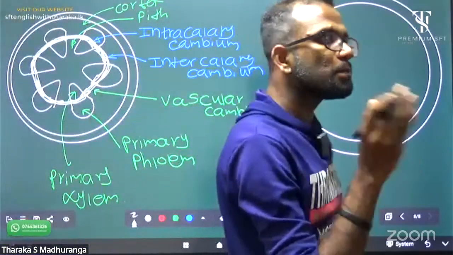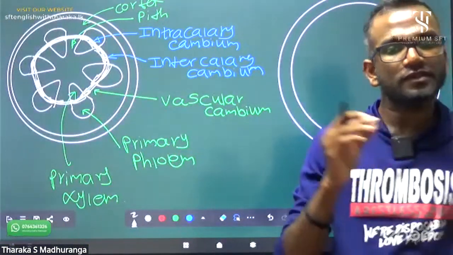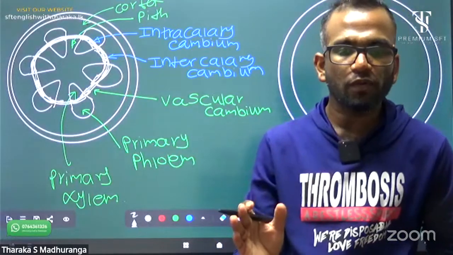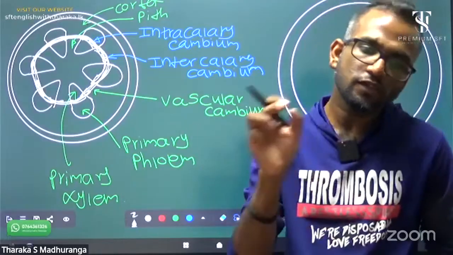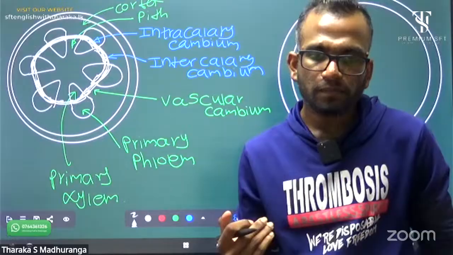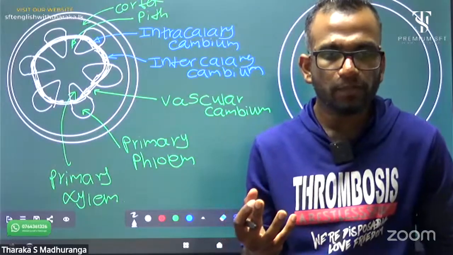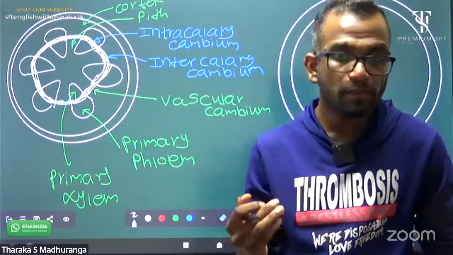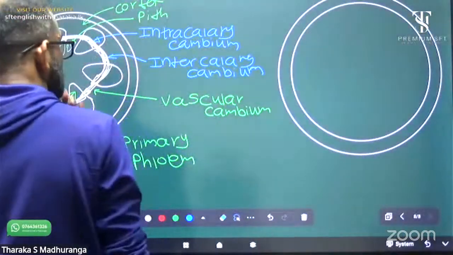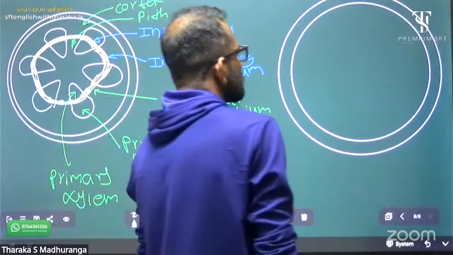When it is developed, pith and cortex are clearly separated, and now we call this ring the vascular cambium, and in the vascular bundle, the outer part is primary phloem and the inner part is primary xylem.